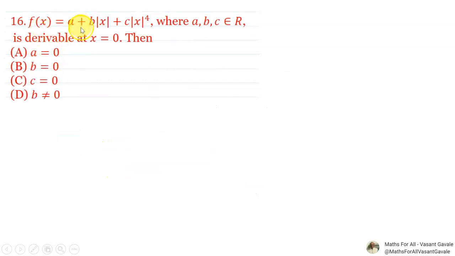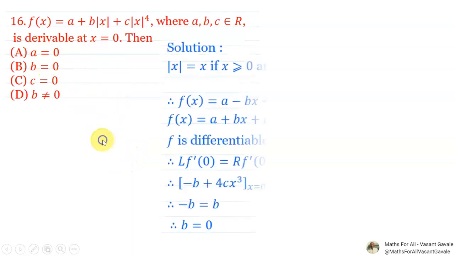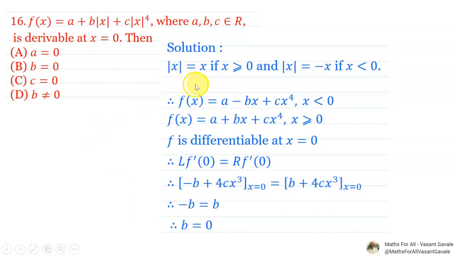F of x equals a plus b into mod x plus c into mod of x raised to 4, where a, b, c belong to the set of real numbers, is derivable at x equal to 0. Then, okay, first mod of x equals x if x is greater than or equal to 0, and mod of x equals minus x if x is less than 0. Therefore, we can define the function like this.